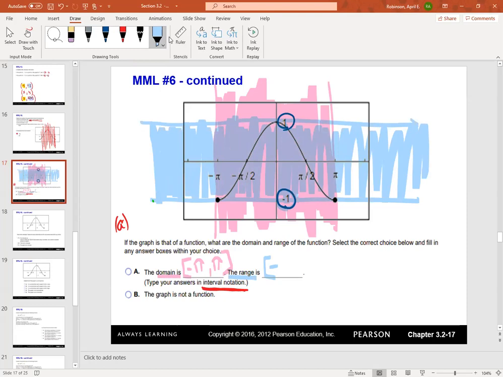So I'm going from -1 to +1. And just to clarify on the x, my furthest to the left point has an x coordinate of -pi, and my furthest to the right point has an x coordinate of +pi. So that's my domain and my range.